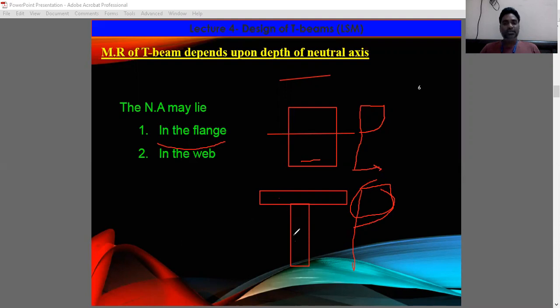So you need to determine that before determining the depth of the neutral axis as well as the moment of resistance. This is very, very important, and this is the difference between rectangular beams and T beams.